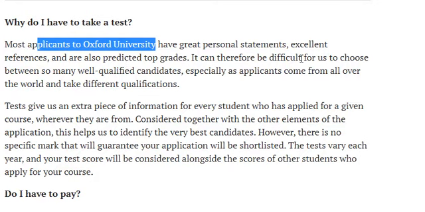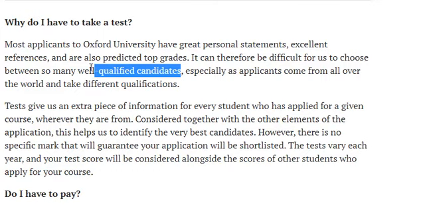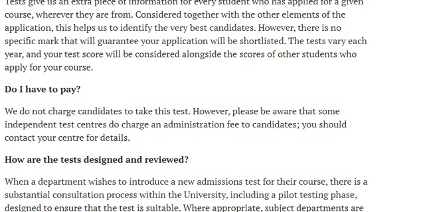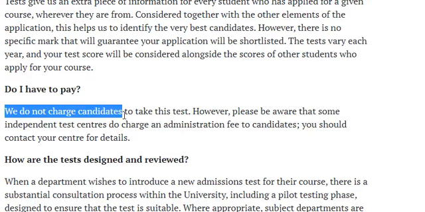Therefore, it is difficult for the University of Oxford to choose from the many well-qualified candidates they have. So, therefore, you have to take the test. Then, how do I pay? You don't. They say they don't charge candidates to take this test. However, please be aware that some independent test centers do charge an administration fee to the candidate.